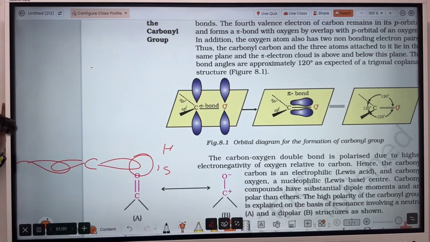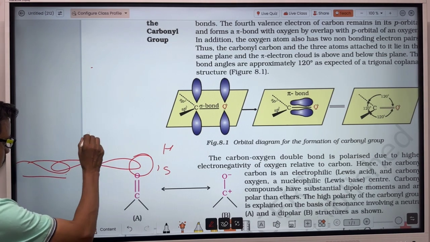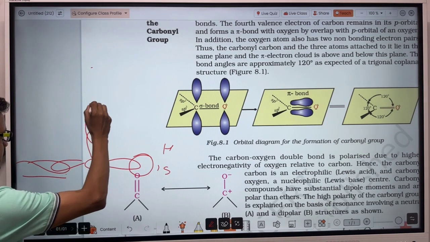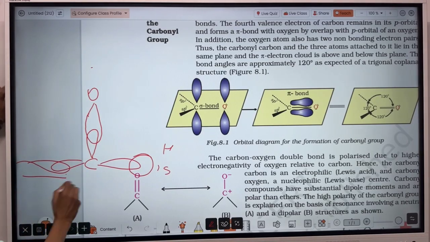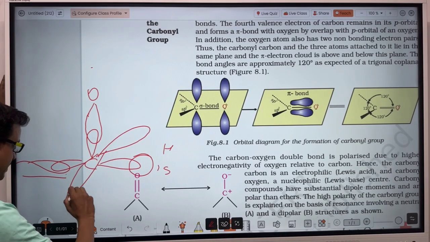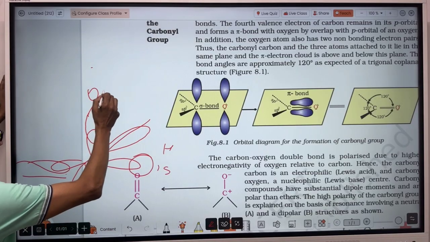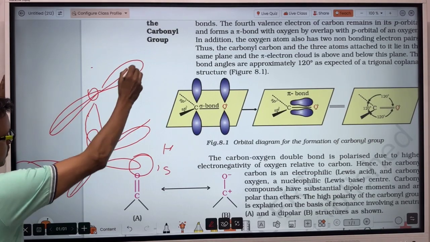One hybrid orbital will do head-on overlapping with the sp2 hybridized orbital of oxygen. So this carbon will have 1 unhybridized p orbital, and this oxygen will also have 1 unhybridized p orbital.